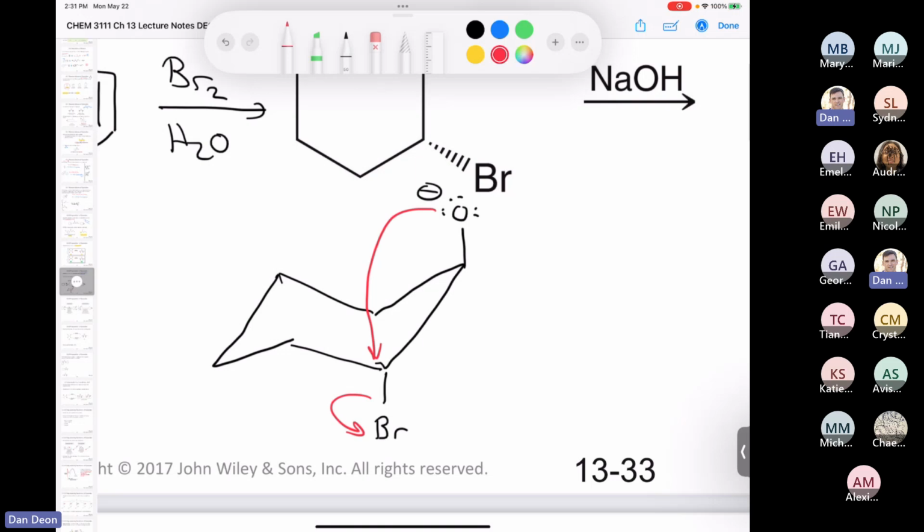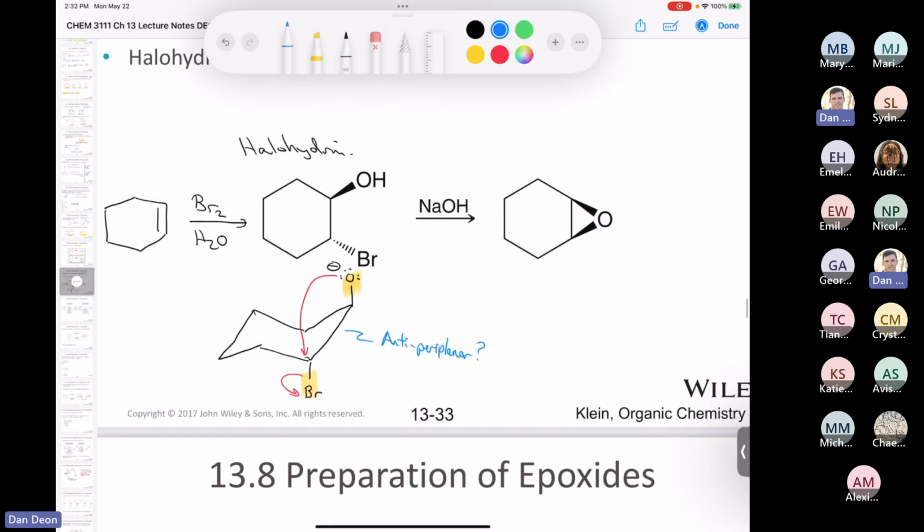Well, what is the relationship between my alkoxide and my bromine? Do you guys remember the term anti-periplanar? Does anybody remember this, when we talked about the anti-periplanar requirement for an elimination on a ring? Anyhow, it's something that we did cover in organic chemistry 1, and so it's still a requirement.